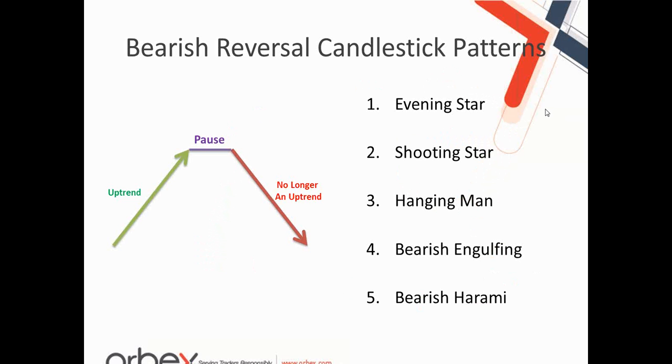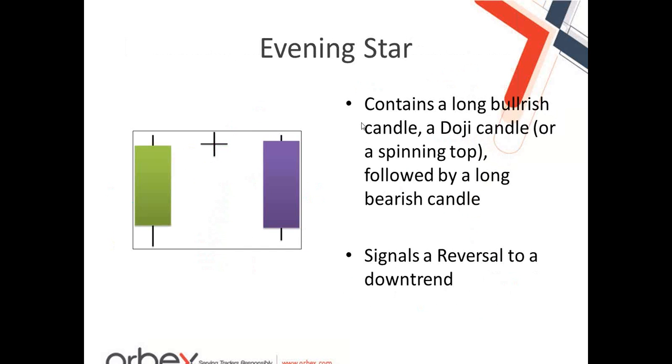Okay, so let's get started with the bearish reversals. Drum roll, and the first one is the evening star. Doesn't it resemble the morning star that we had for bullish? It's the exact opposite, and the reasoning behind it is the exact same.